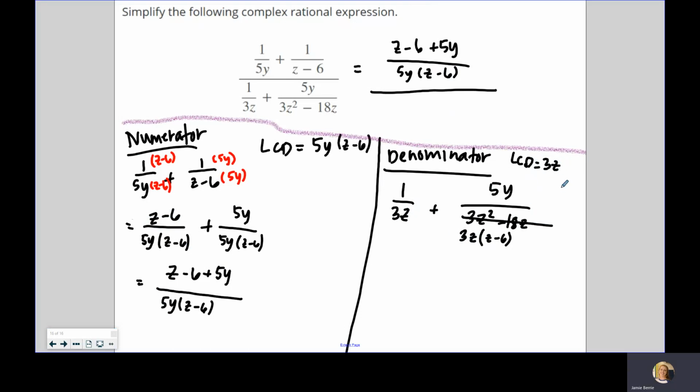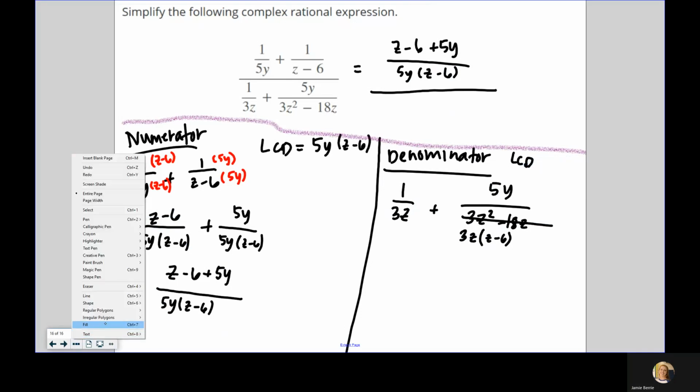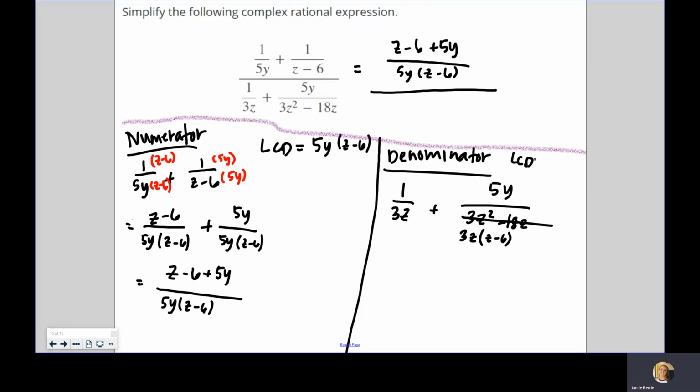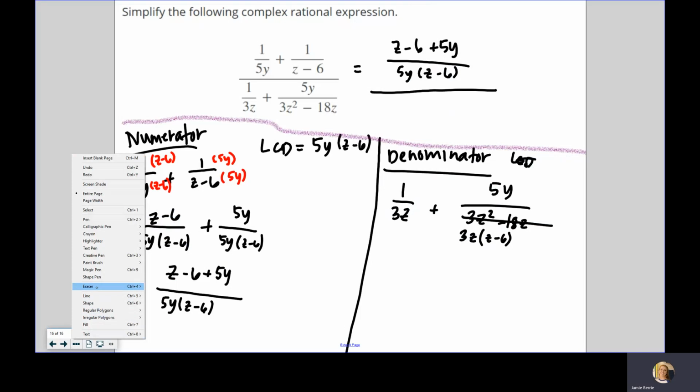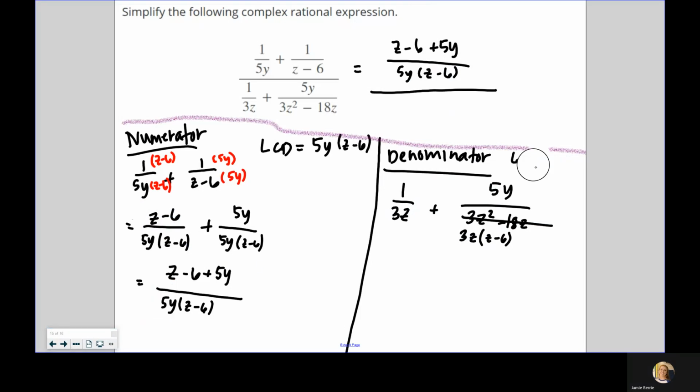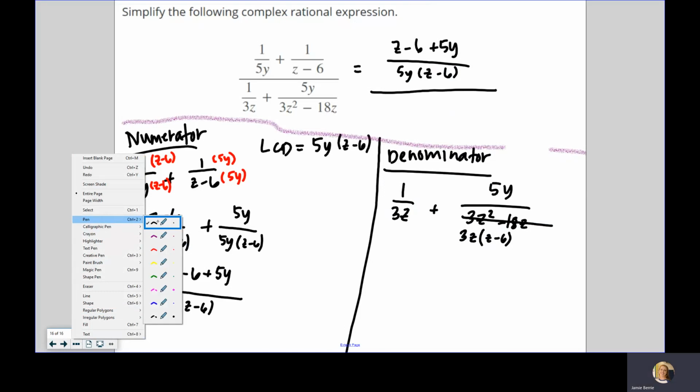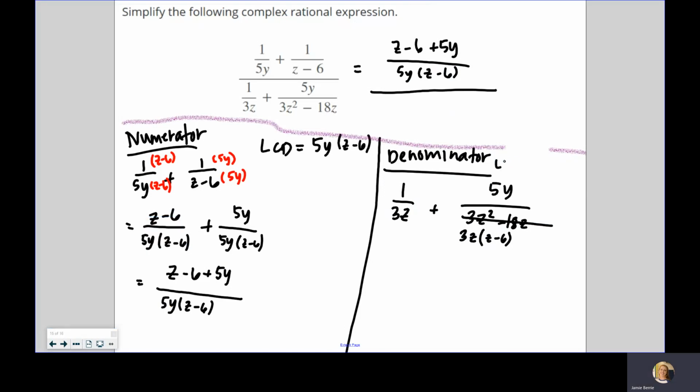And this one has a z minus 6, so we have to put that in there too. So the LCD equals 3z times z minus 6.